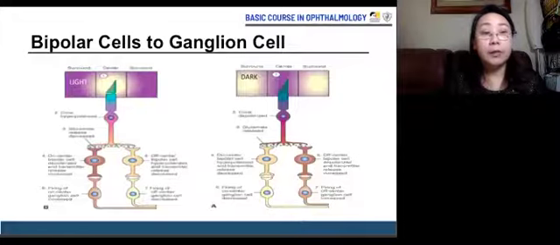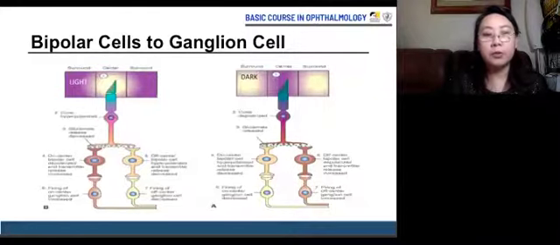So ganglion cells are the final retinal element in the pathway from the retina to the brain. It synapses with a bipolar cell at the inner plexiform layer. An off-ganglion cell synapses with an off-bipolar cell and produces an action potential when the off-bipolar cell depolarizes when light is on.